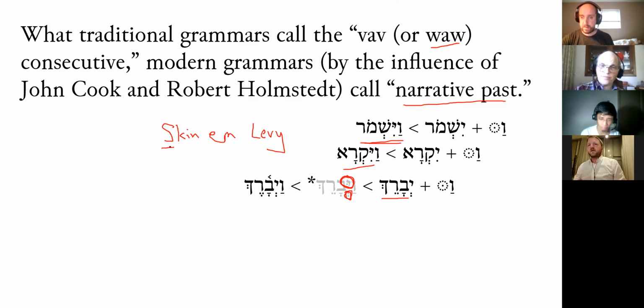That is the sibilants: sin, shin, tsade, and samech, all the sibilants. K is for kuf, N is for nun, M is for mem, L is for lamed, V is for vav, and Y is for yod.